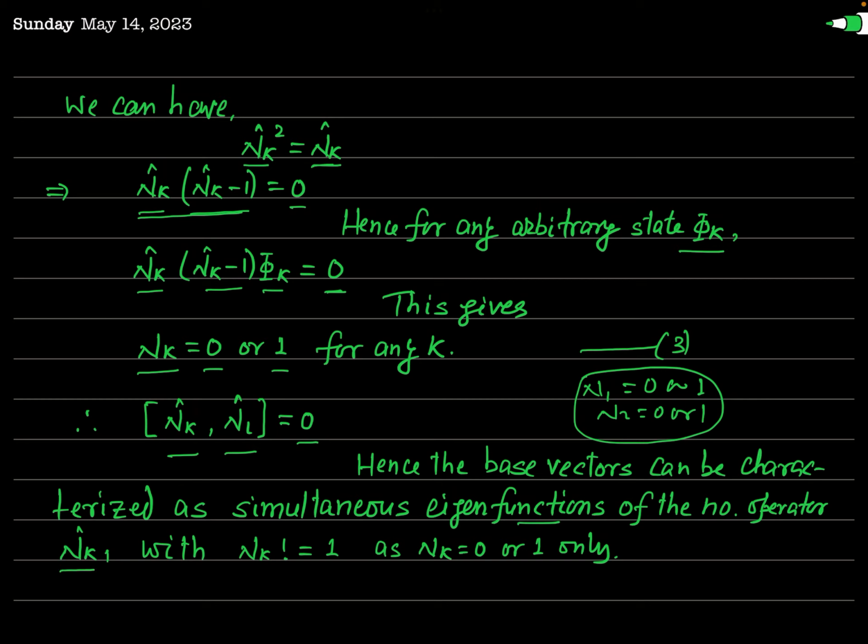And in this condition you can also say that n_k factorial will be equal to 1. Why? As you can see, n_k factorial means 0 factorial or 1 factorial, but you know that 0 factorial is equal to 1, and 1 factorial is also equal to 1. So n_k factorial will be simply equal to 1. Okay.